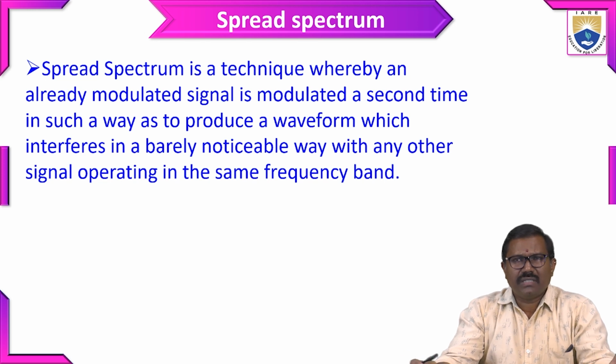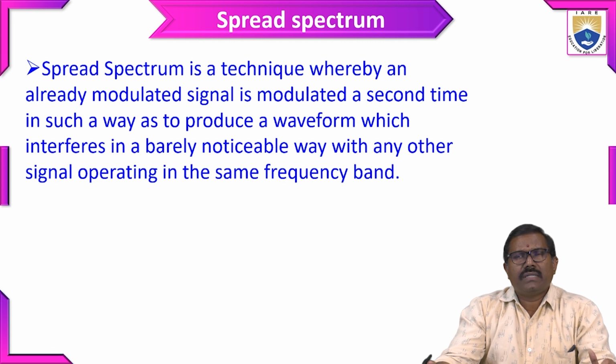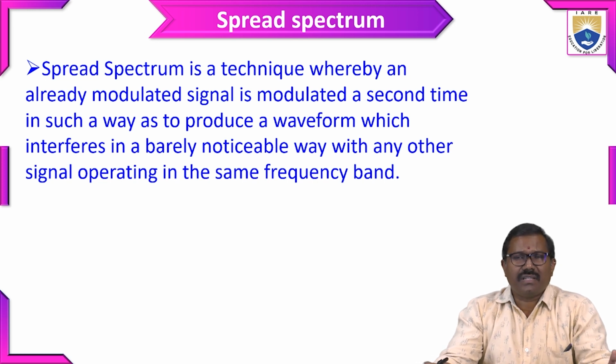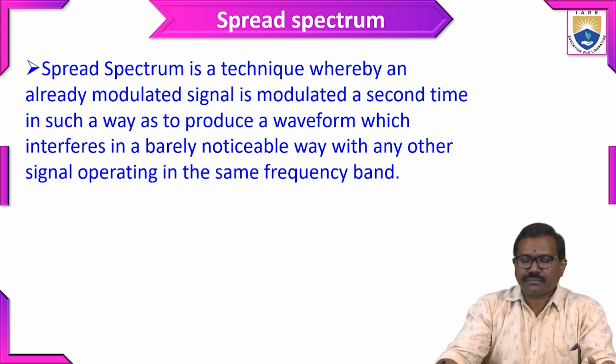Already it is modulated, and again we modulate a second time. Why? As we discussed in the first slide, we broaden the spectrum. That is, we increase the frequency range by double modulation.